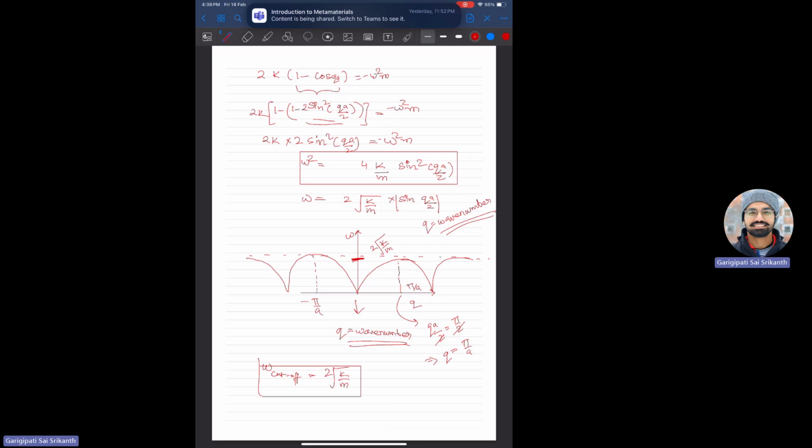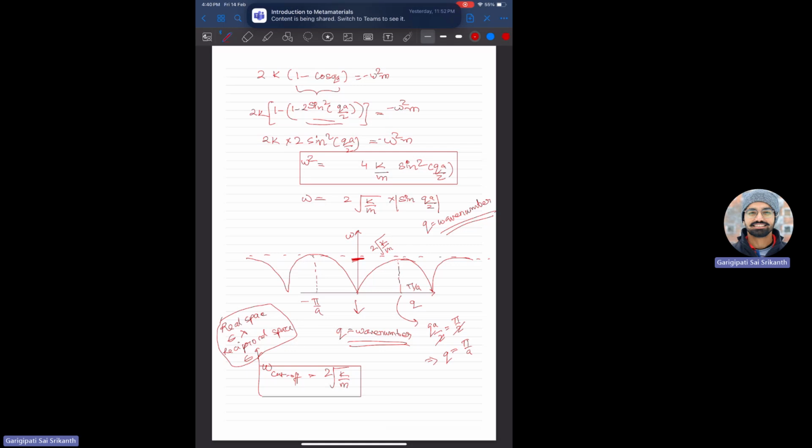Real space belongs to lambda, reciprocal space belongs to wave number. Okay. So if there is periodicity in the real space, it will show up as periodicity in the reciprocal space.